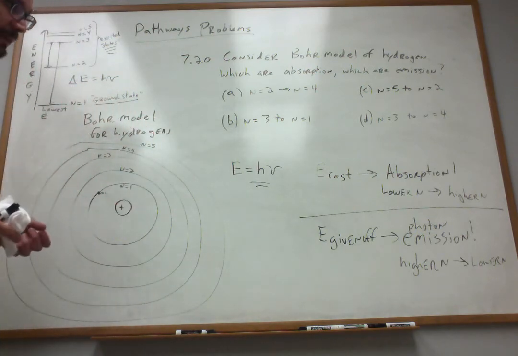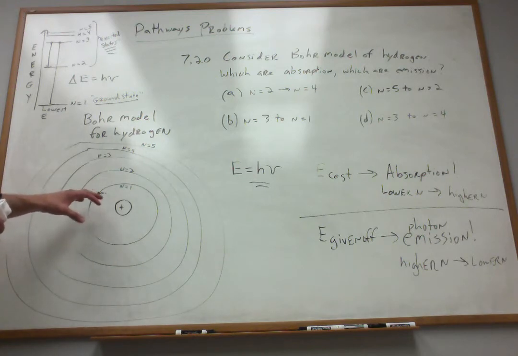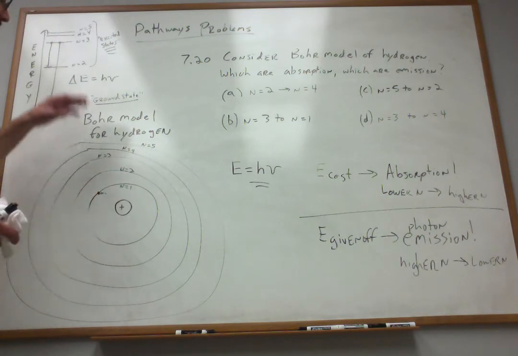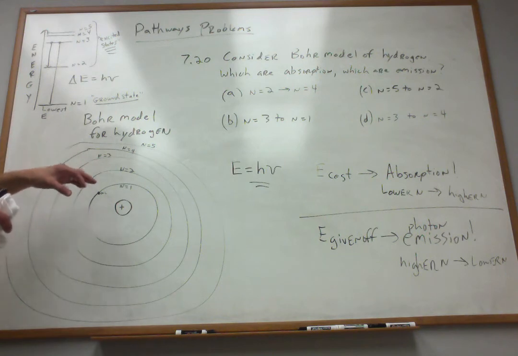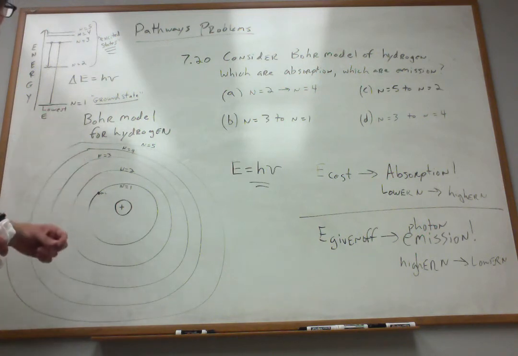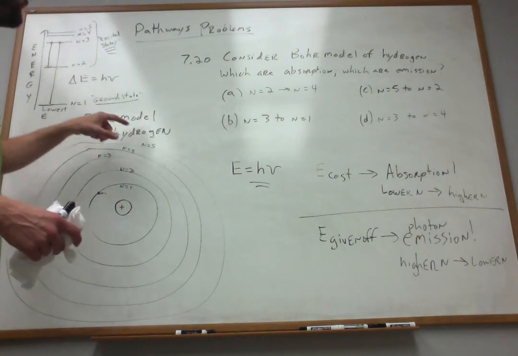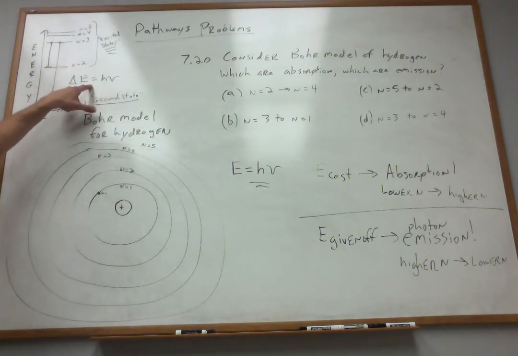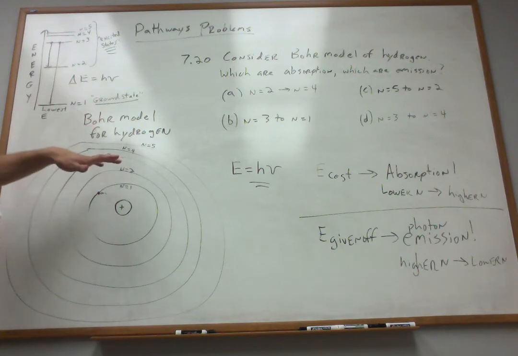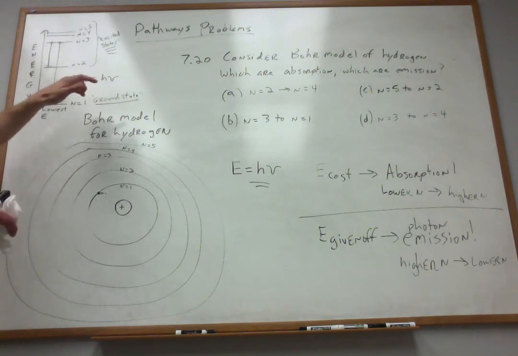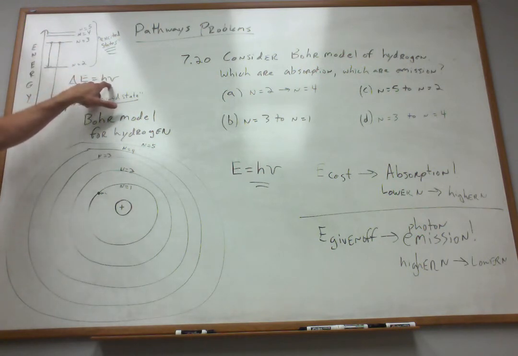And what that means is that this atom will only absorb or emit, depending on the directionality of which way we're going, very specific wavelengths or frequencies of light that correspond to the energy gap that's required. Okay? So the hydrogen atom is only going to give off or emit or absorb very specific energies or wavelengths.